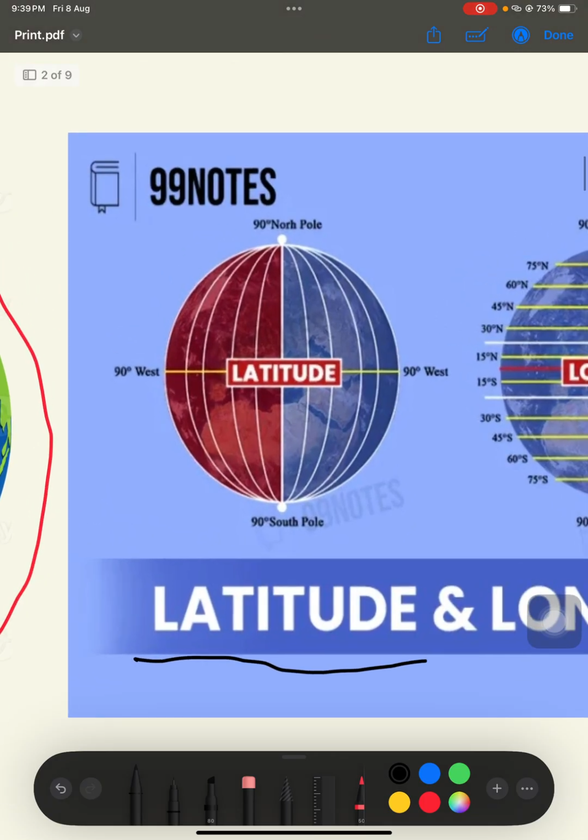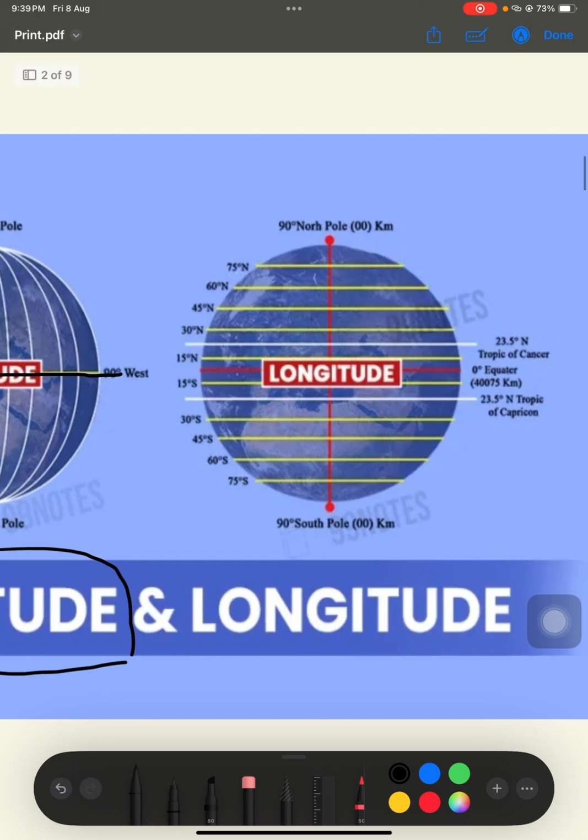See this picture. This horizontal line you are seeing here, right? These horizontal lines on the globe are called latitudinal lines. And this vertical line on the globe is called a longitudinal line.